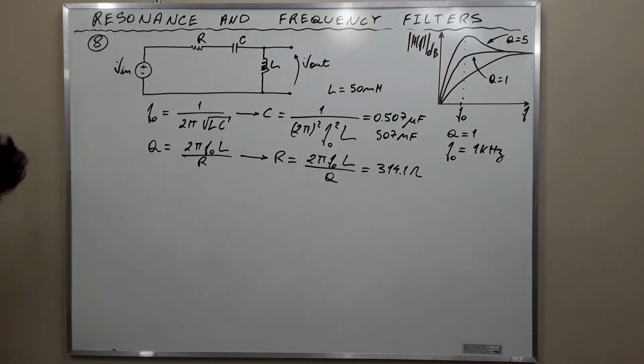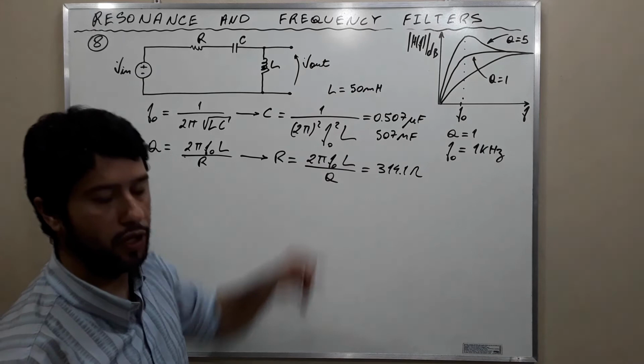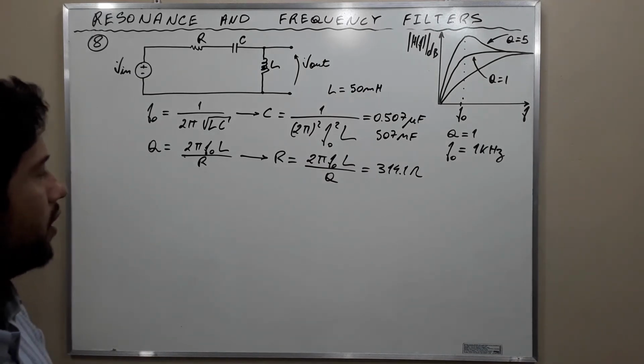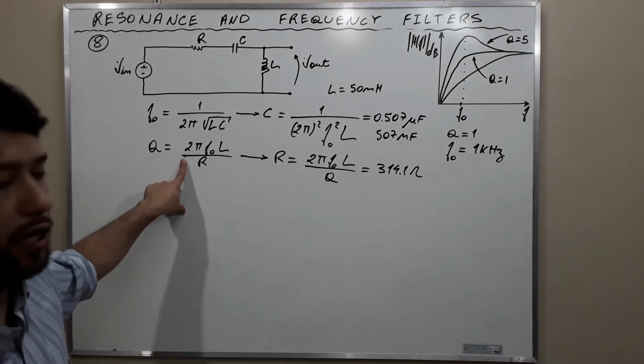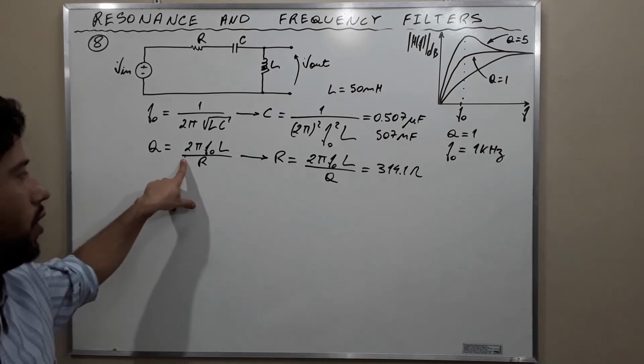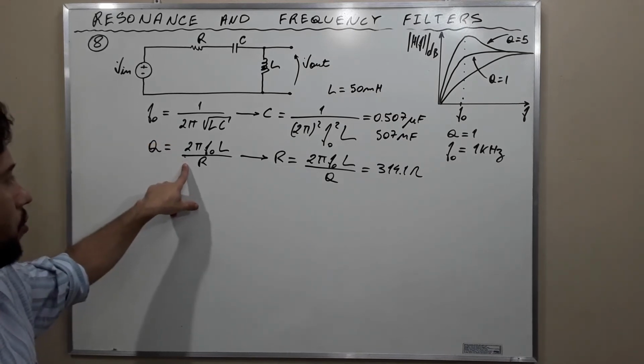And the inductor, the value of the inductance of the inductor is 50 millihenry. Okay, my friends? But bear in mind that you will need to refer to a reference textbook to find these expressions here, okay?